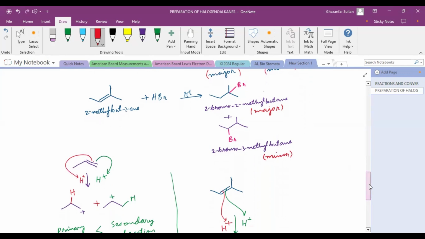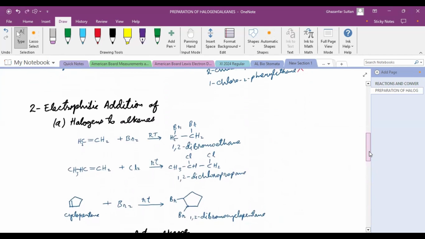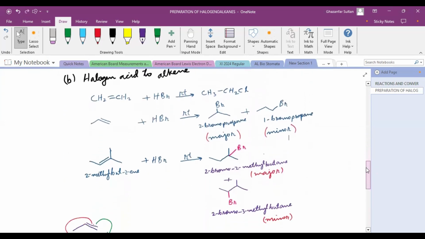So that's the reason. So you have seen that there are two methods of electrophilic addition that generate halogenoalkane. One generates dihalo products, and the other one generates monohalo product.